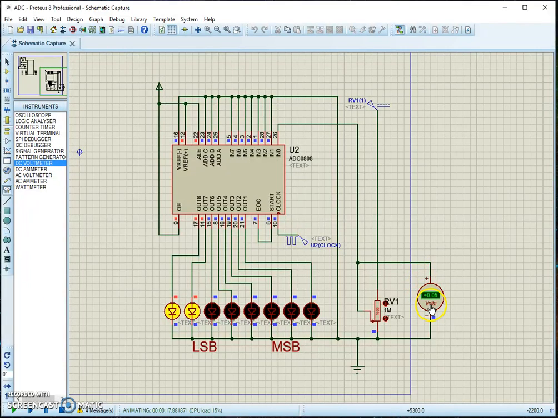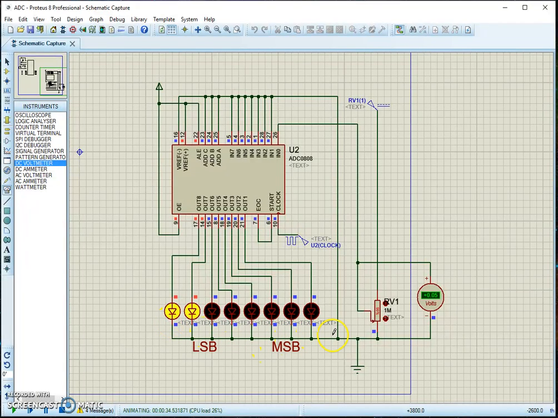Here you see the voltage is 0.05 volt, and the ADC now is showing high, high, low, low, low, low, low, and low. That means we have 0, 0, 0, 0, 0, 0, 1, 1. It means in decimal it's 3, or 11 in binary.